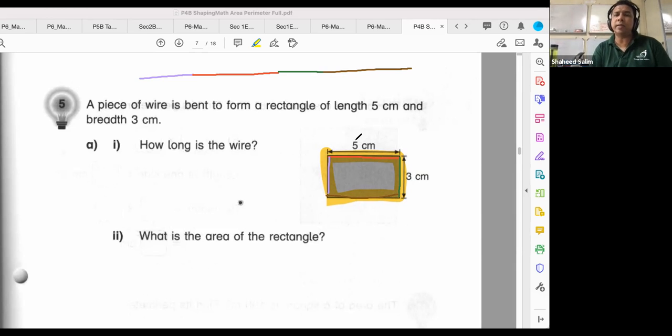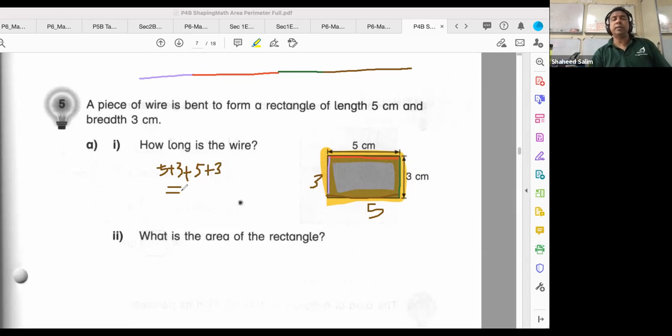Come, how long is the wire? Just add this up. This plus this plus this plus this. That is how long the wire is. 5 plus 3 plus 5 plus 3. So how much wire is there? 16 cm.